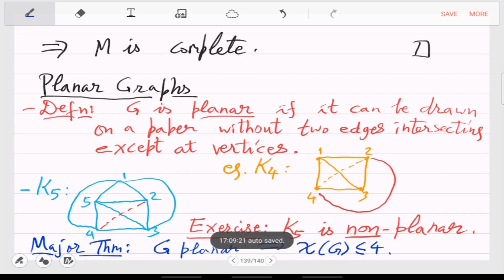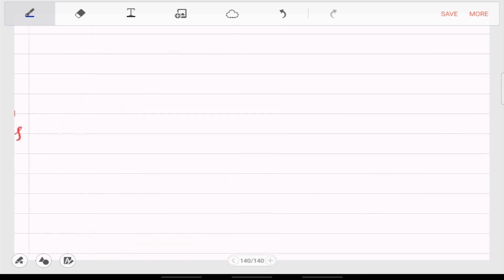Okay, last thing is there is another example which is K3,3. K3,3, is it planar or non-planar? So 1, 2, 3.